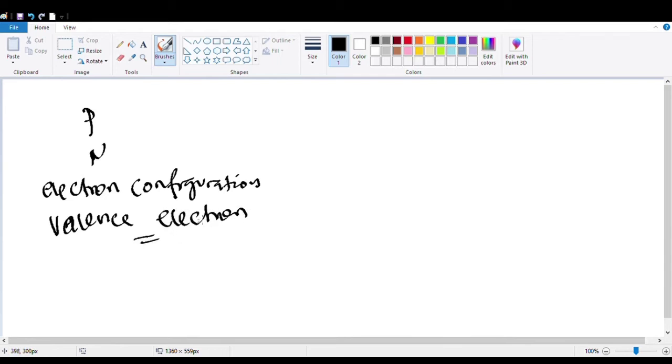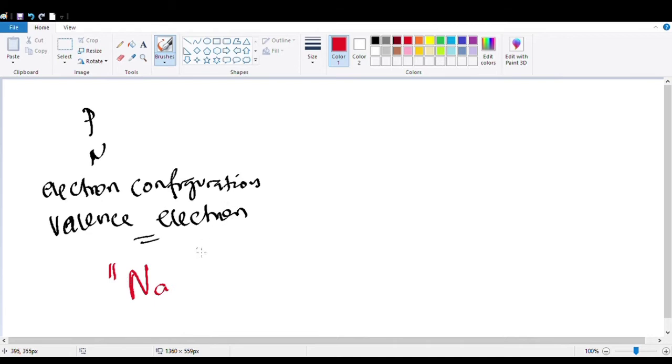Okay, so just to refresh, I take one element, for example sodium, which is a metal. The atomic number of sodium is 11.